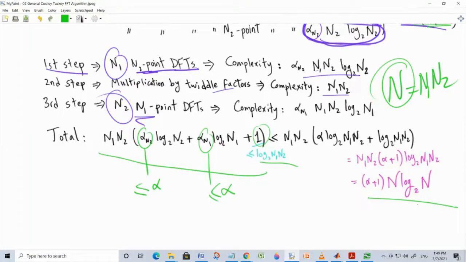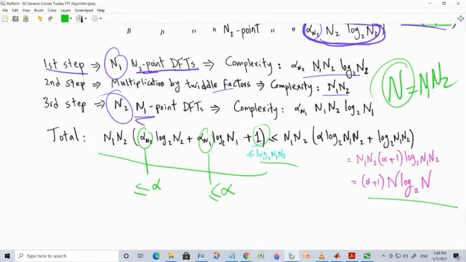So that's a wonderful idea, a very beautiful idea, that if you have a fast Fourier transform for size N1, and now you understand what this means. It means that there is an algorithm of order N1 log N1. So it's some constant multiplied by N1 log N1. If there is another algorithm that is efficient for data of size N2, so the complexity is order N2 log N2. Now, can you combine them?